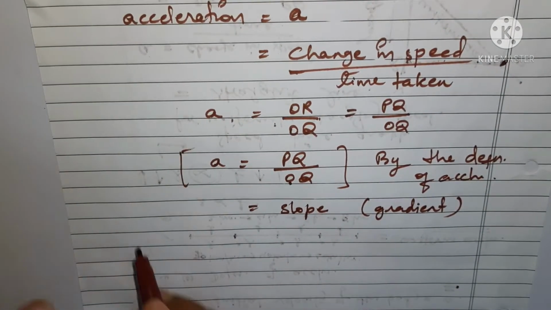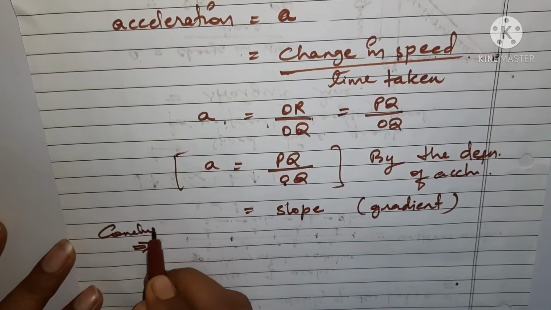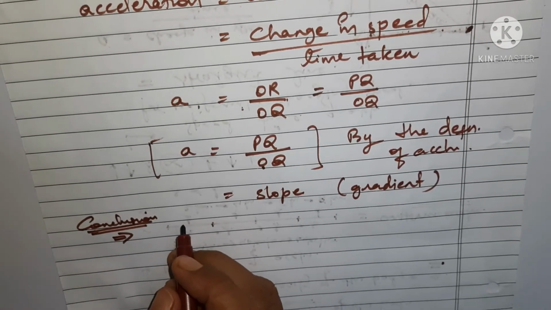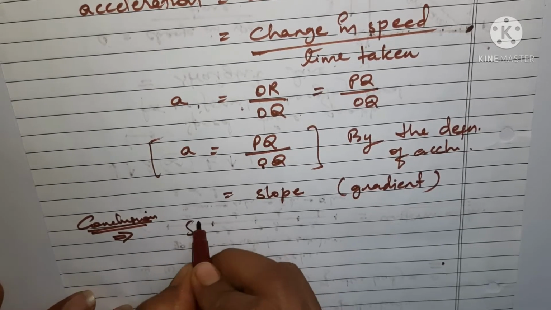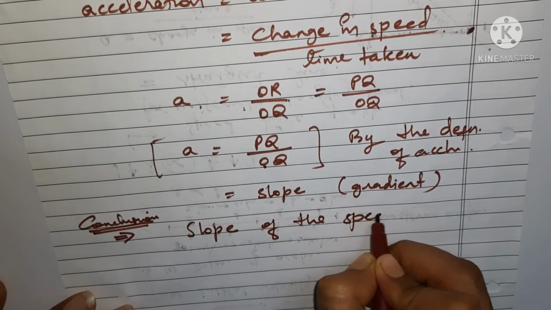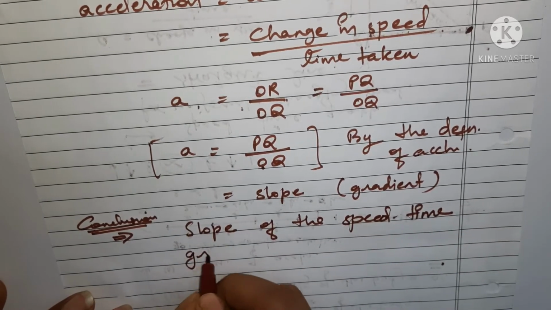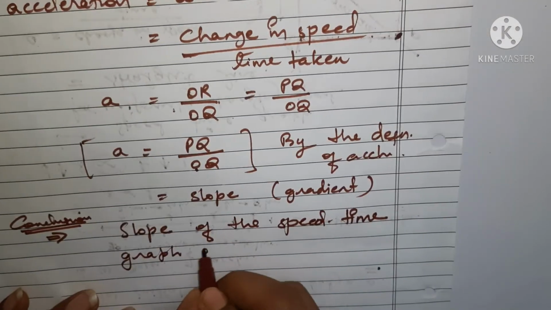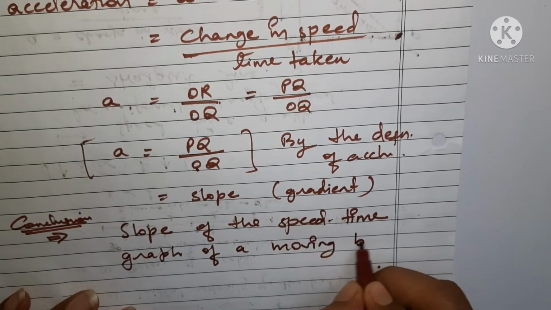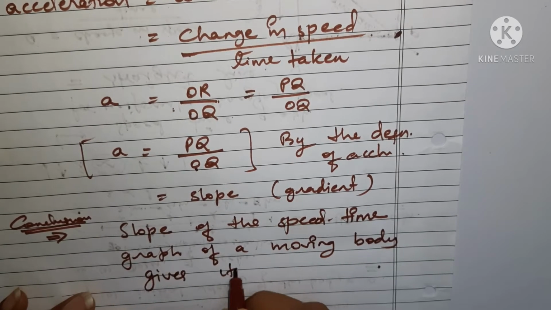So we can conclude from it. What is the conclusion we are going to get out of it? The conclusion here is that the slope of the speed time graph of a moving body gives its acceleration.